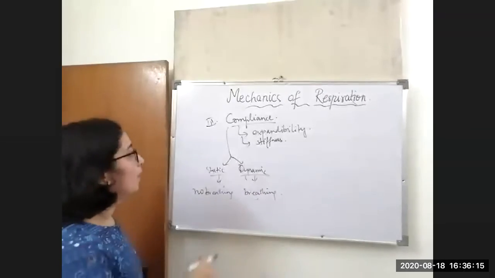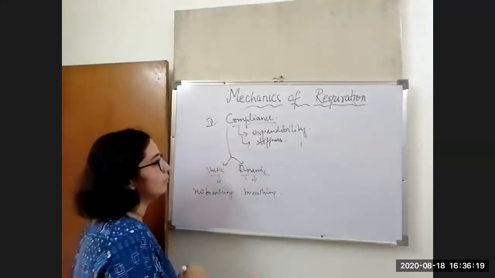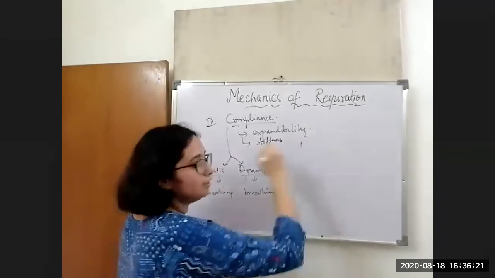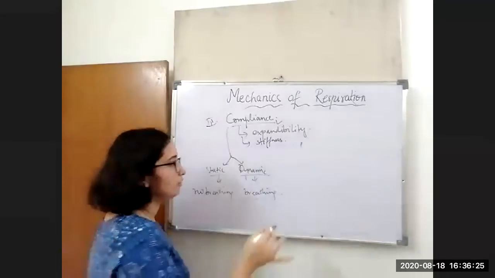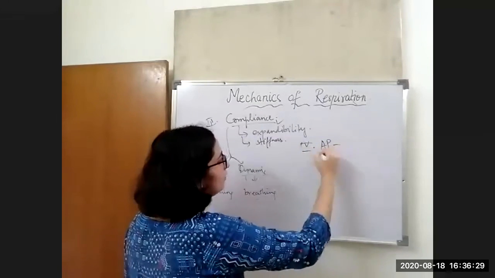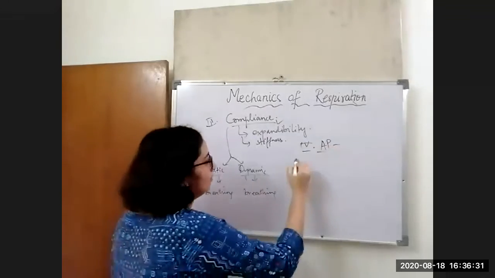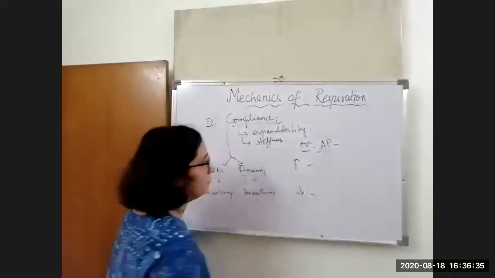Okay. Now there are some pathological as well as physiological conditions in which this compliance is changed. So that we'll see in applied physiology. So what are the conditions when the compliance will increase, and what are the conditions when the compliance will decrease?